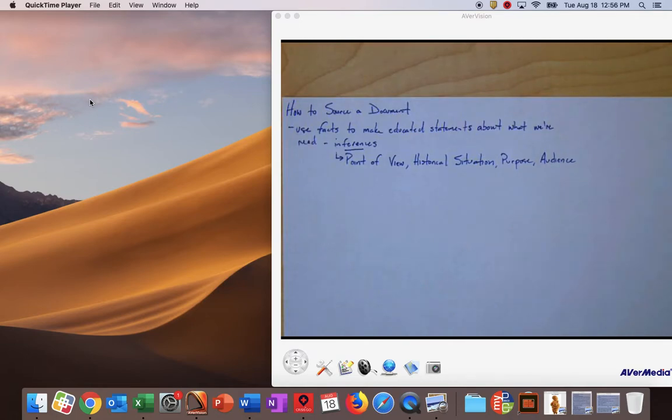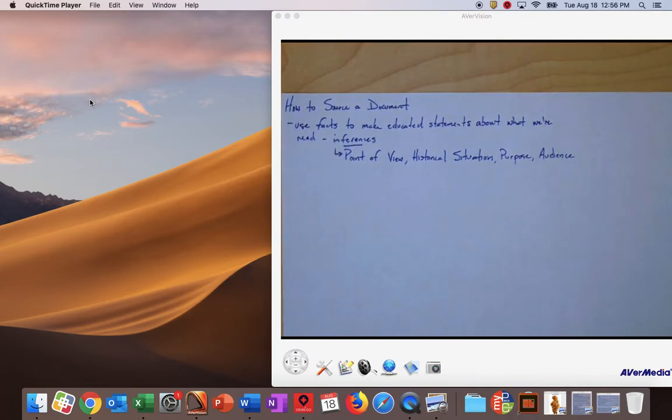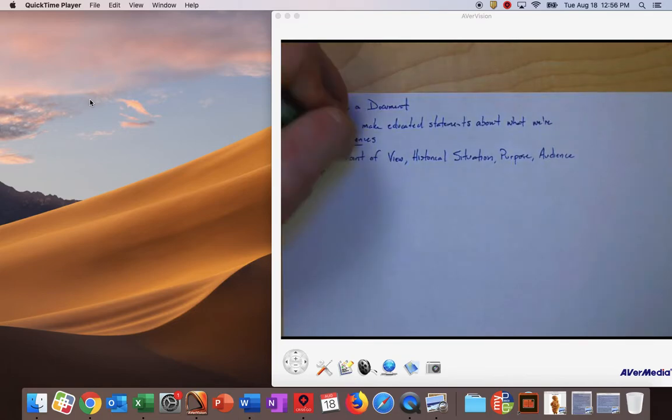But one thing I want you to keep in mind, regardless of what kind of thing it is, we've got to think about the author. All of this stuff refers back to the author of the thing. Now, the author is really easy when it's written.